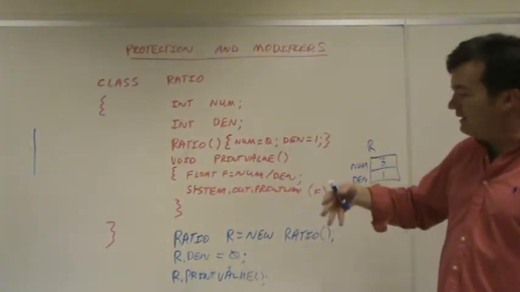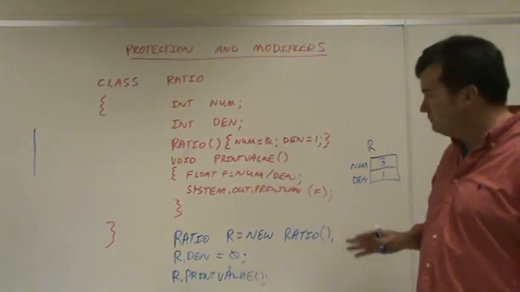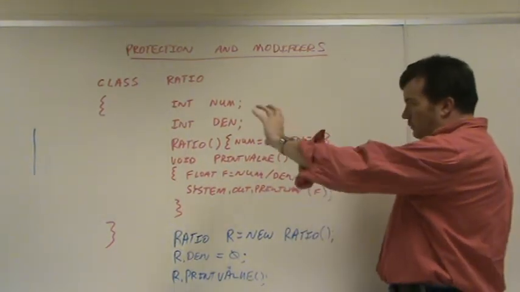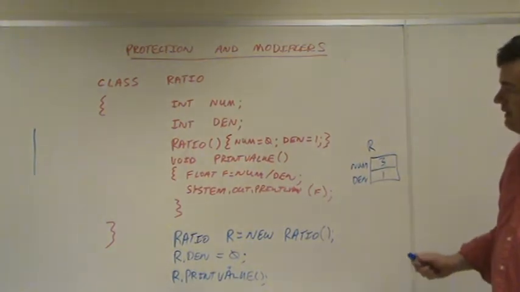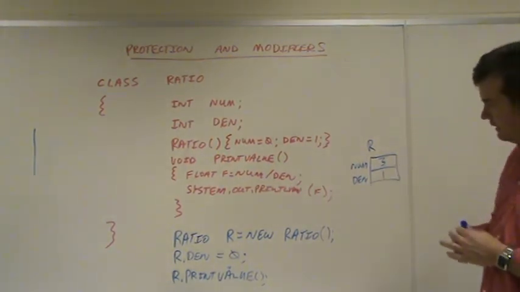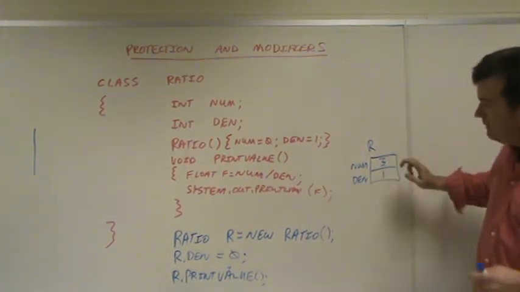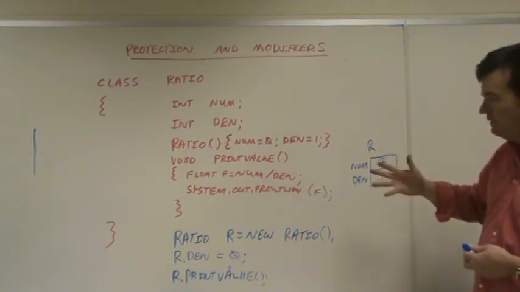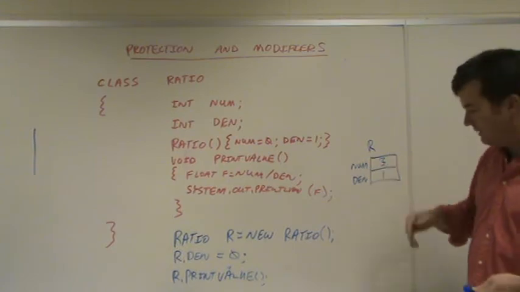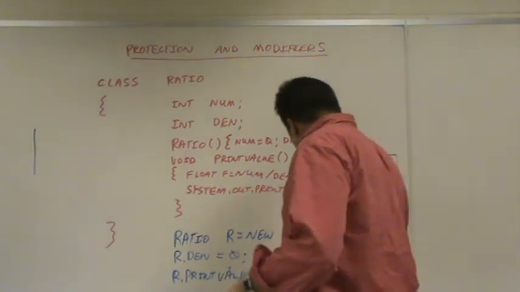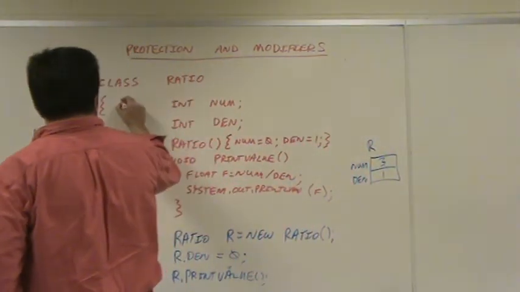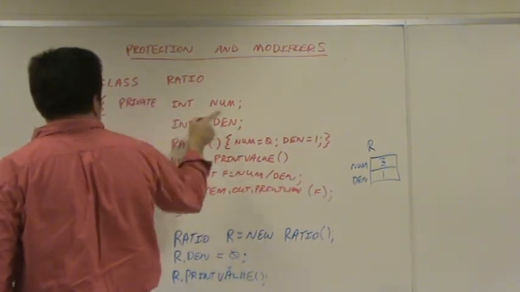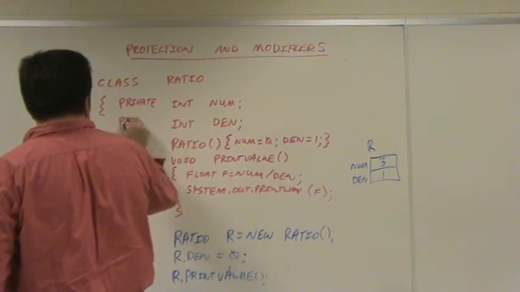But if they set it to any number other than 0, we'll accept it. So the way we block the outside world from having access to some parts of our class, remember our class is data and methods, so we can block access to some of the data, all of the data, some of the methods, all of the methods, is we put in a keyword that says private. So we'll make the numerator private and the denominator private.